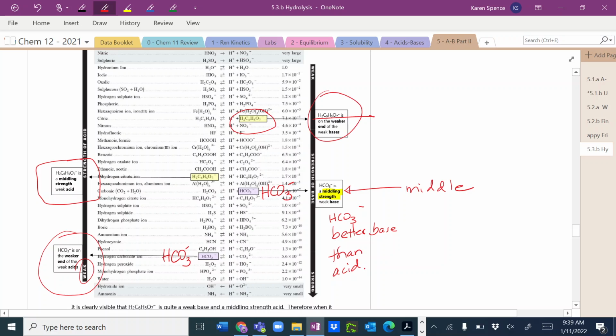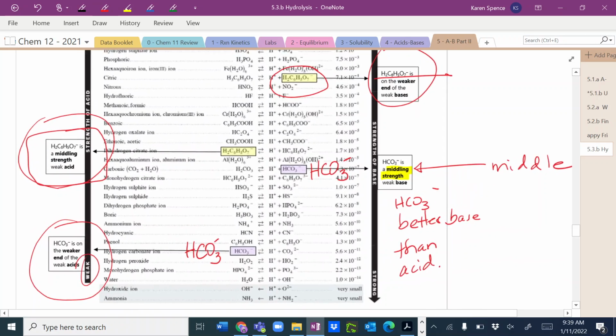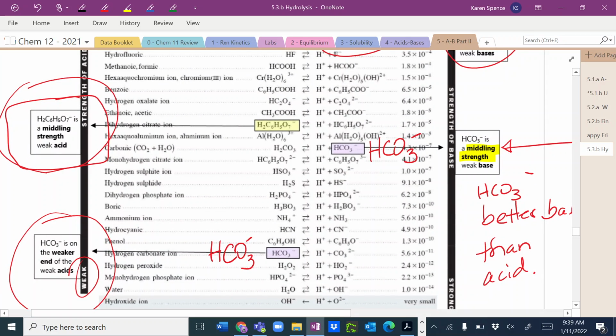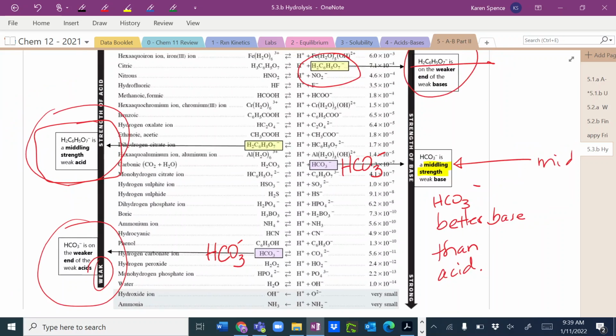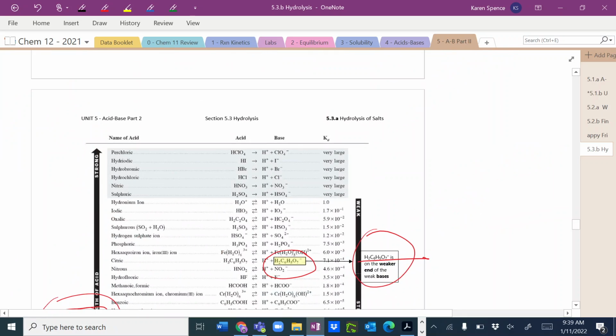So this is on the weaker end of the weak bases. This is on the middle end of the weak acids. So it's going to be a stronger acid than it is a base, and so the predominant reaction will be the acidic hydrolysis. So if you're doing a multiple choice and you feel good doing that, that's fantastic.